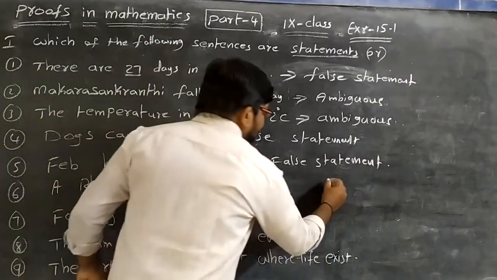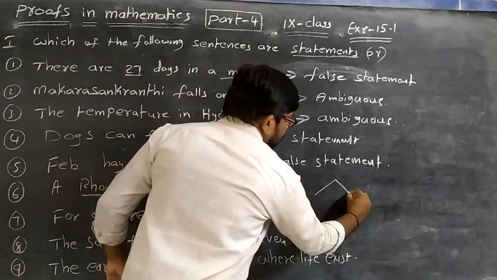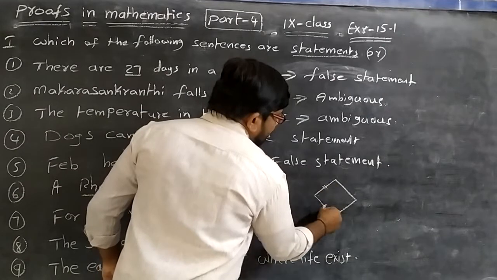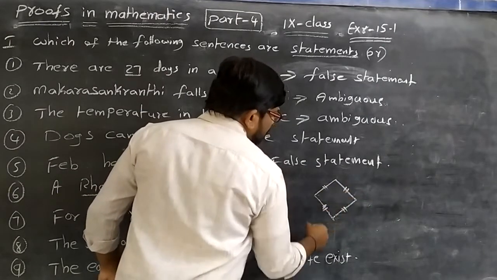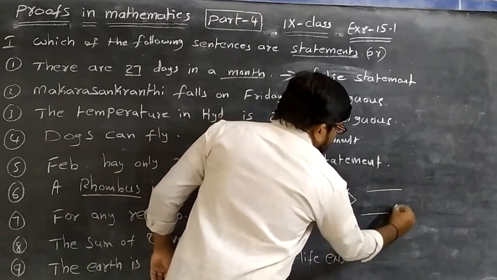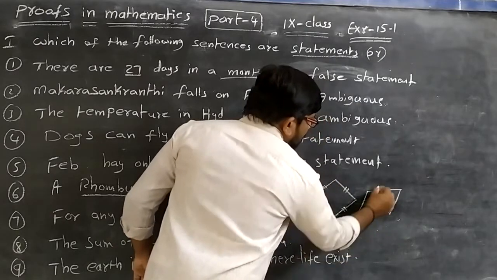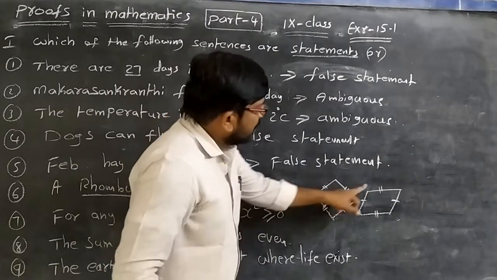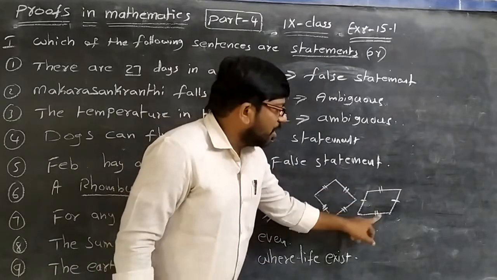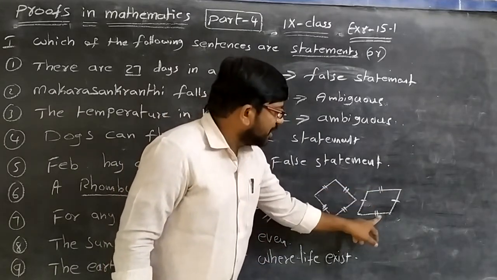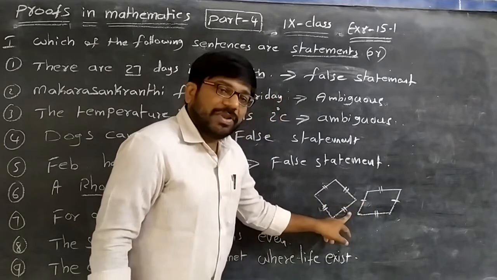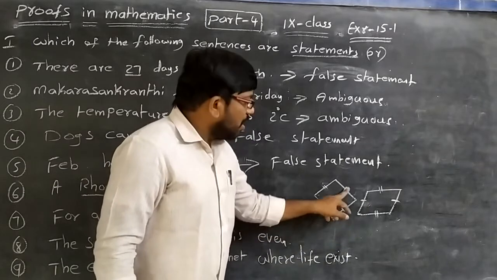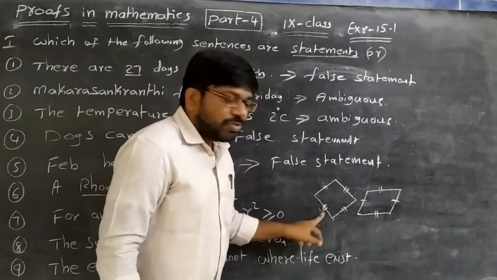See, like this. It is a rhombus, all sides are equal. It is a parallelogram, opposite sides are equal. All sides equal means these two are equal and these two are also equal.